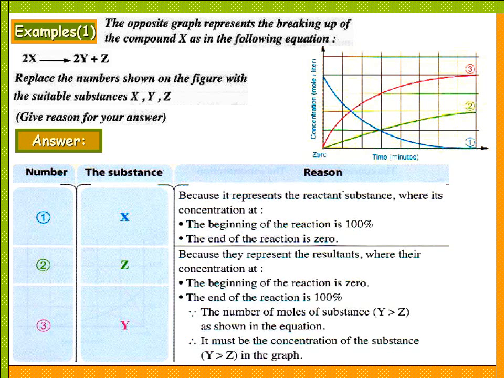Also the amount of substance Y is greater than the amount of substance Z. In the equation we have 2Y, but we have 1 Z. So 3 will be Y and 2 will be Z. Okay, let's continue.